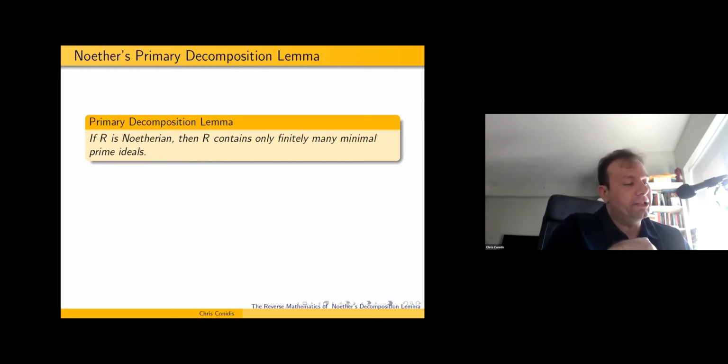So if you're in an integral domain, 0 is going to be the unique minimal prime ideal. If you have more than one of these things, you are necessarily not in an integral domain. A lot of the rings that we're going to be working with today, in fact all the rings, are not going to be integral domains. It's something to keep in mind.